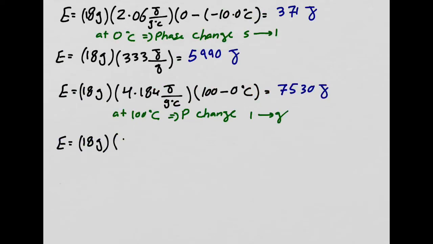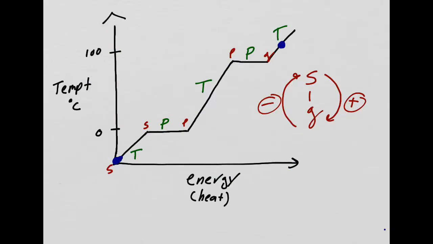So that's the number. Again, I will give you all the constants. You don't have to memorize them. 2,260 joules per gram. What I end up getting is 40,700 joules of energy.